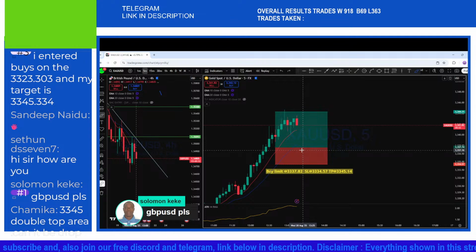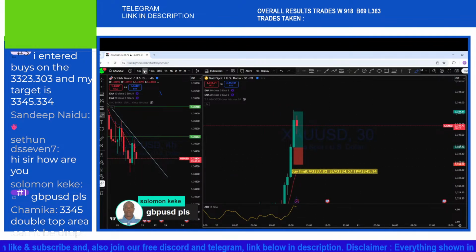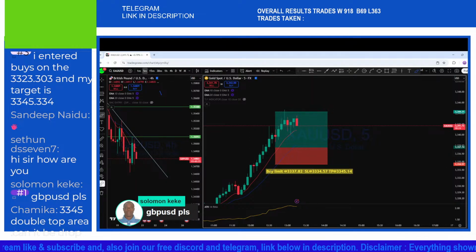I'm still waiting for a breakup structure. Looking at the 30 minutes, it shows that the market may come back here to retest that level.